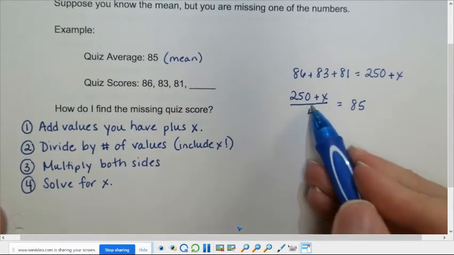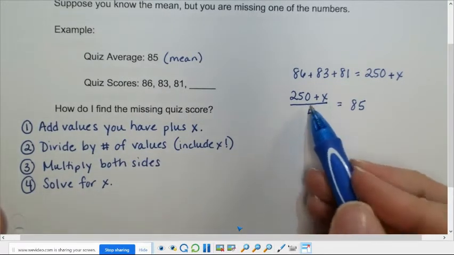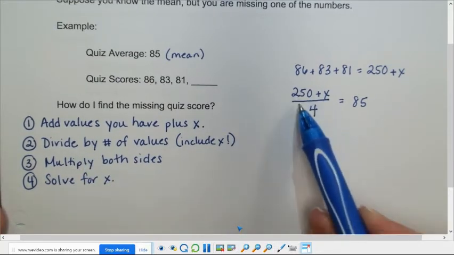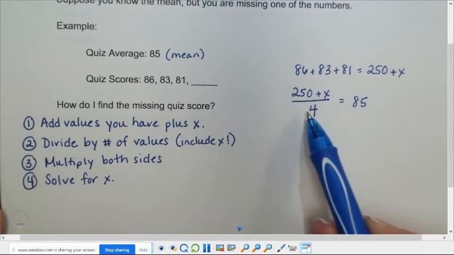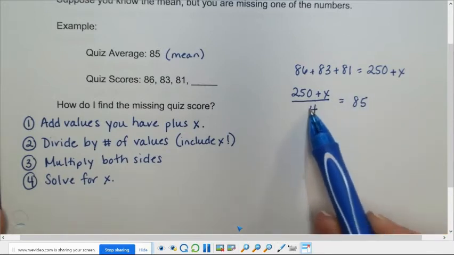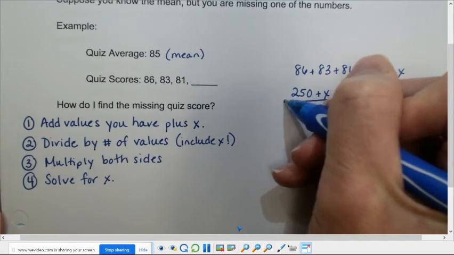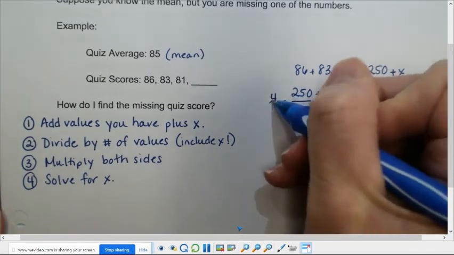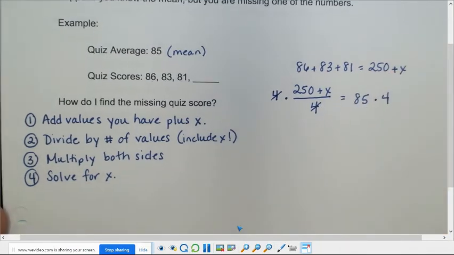Because I'm dividing, and I will always be dividing when I do these, I'm going to do the inverse to get rid of this dividing by 4. Remember, what I do to one side of my equation, I have to do to the other side as well. Since this is a 4 down here, I'm going to multiply both sides by 4. That cancels these out.